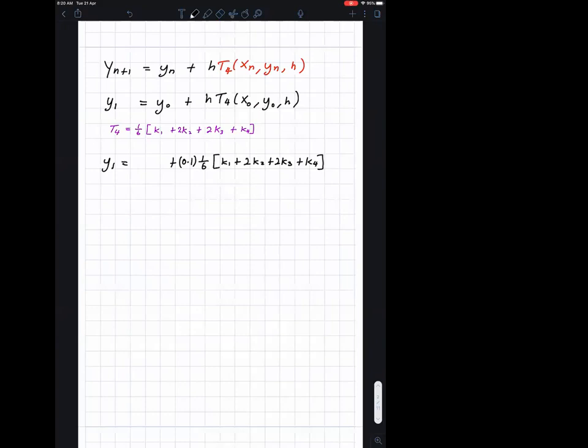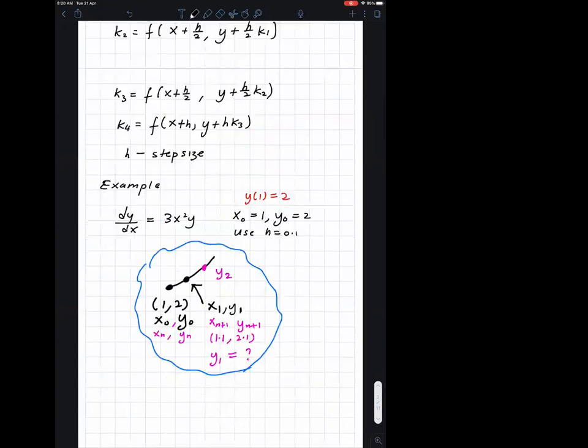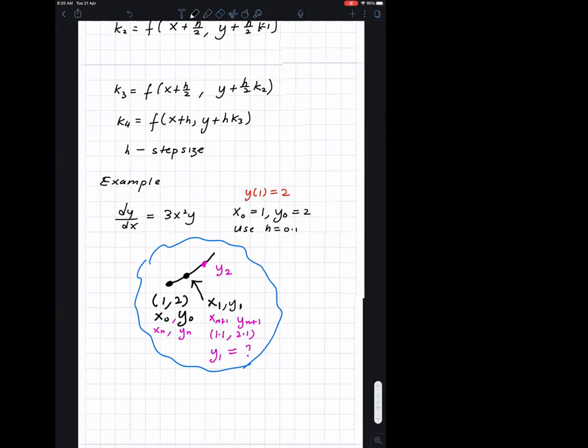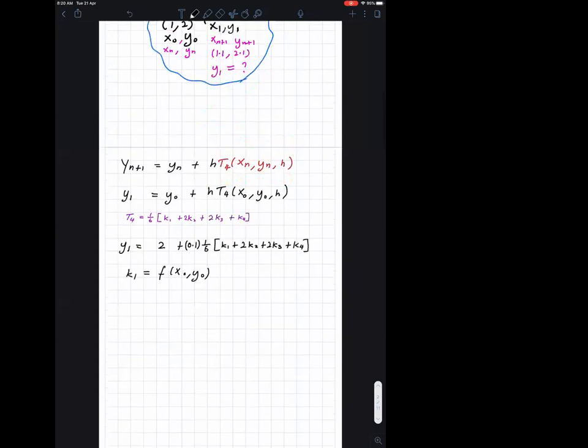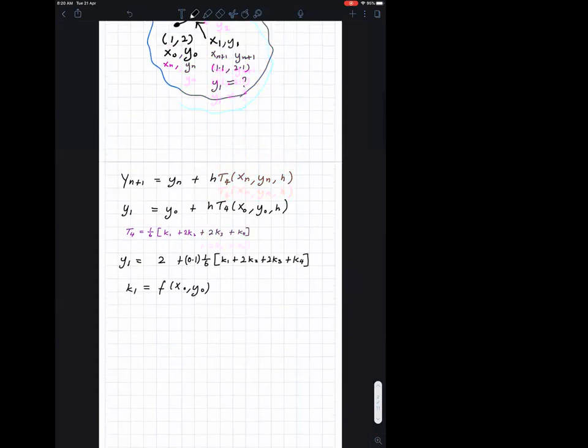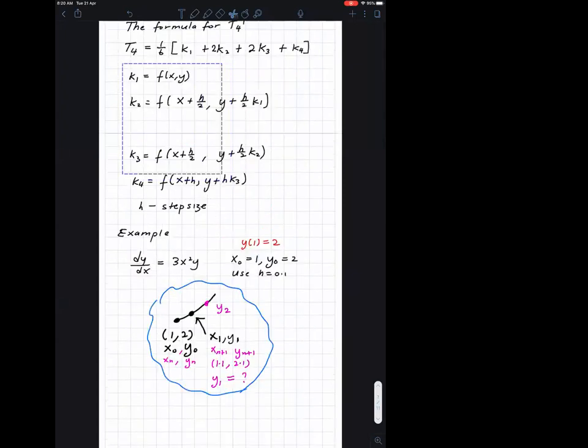Y naught is 2. Okay, y naught is 2. K1 is f of x naught, y naught. We already defined everything here. We can just bring this over here for reference.